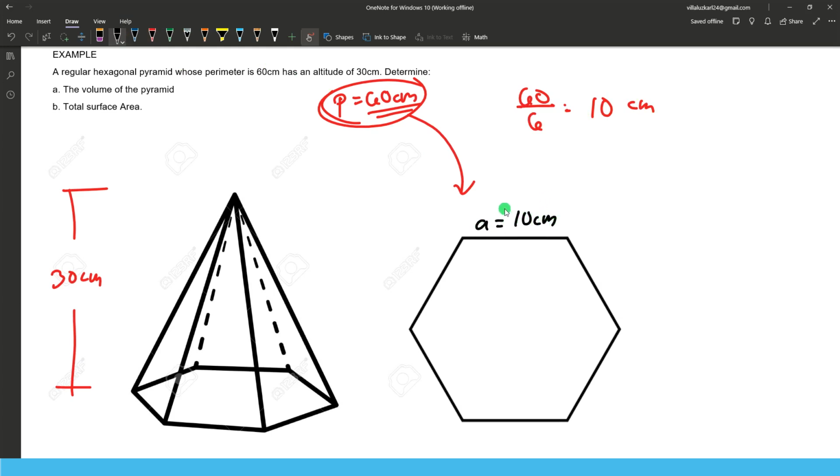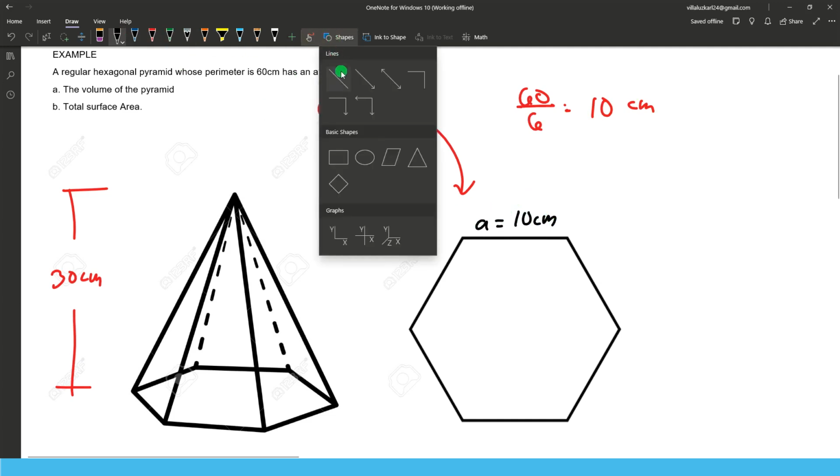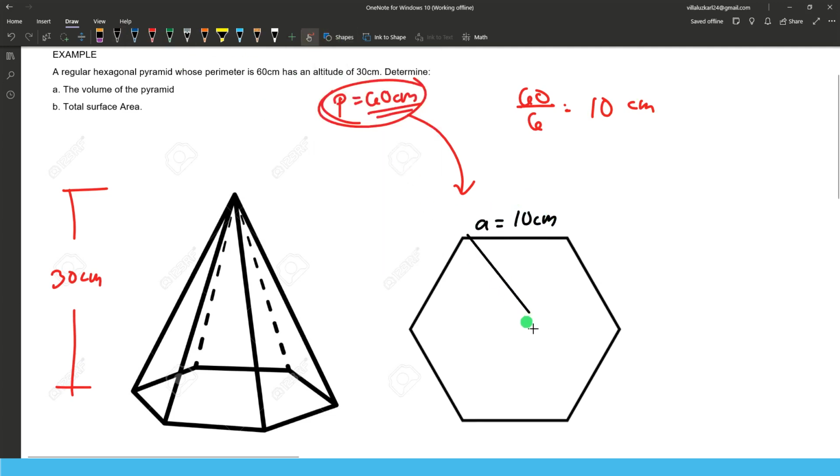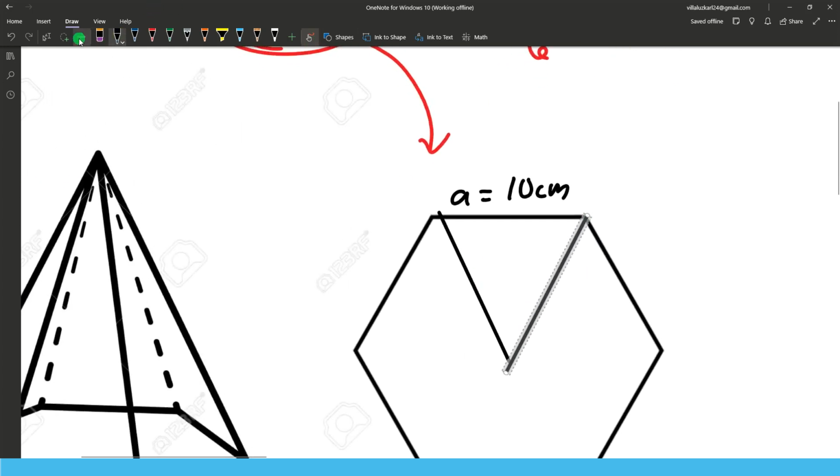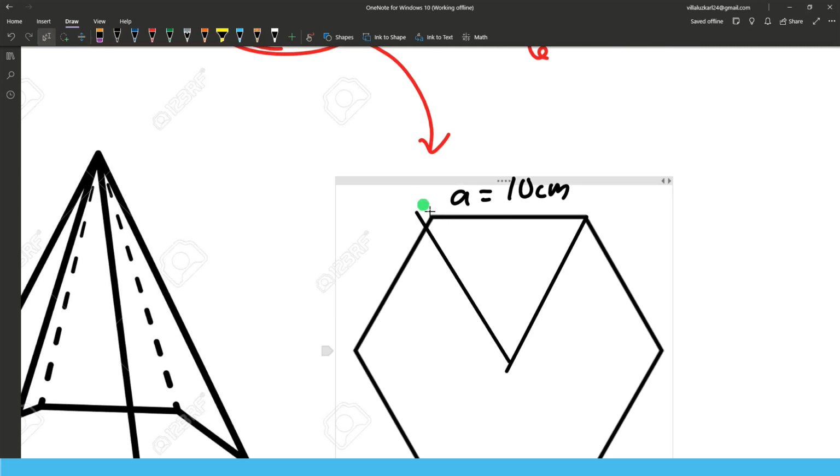Now, connecting the vertices of the hexagon to the center of the hexagon, we form a triangle again, which will be useful in determining the area of the base.